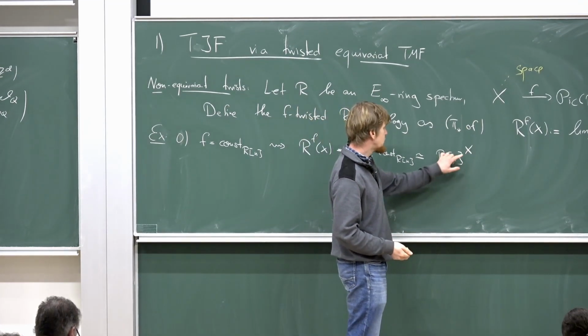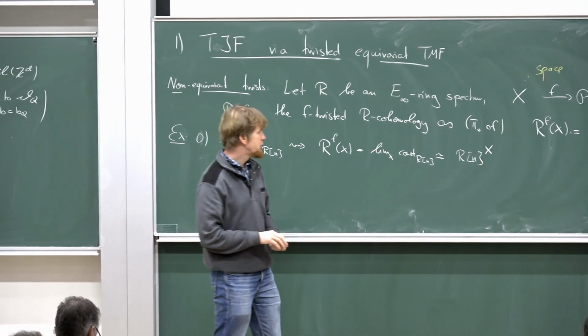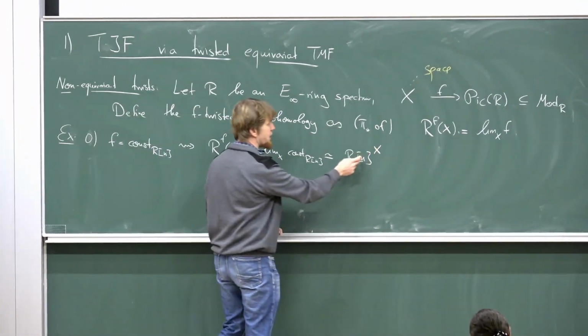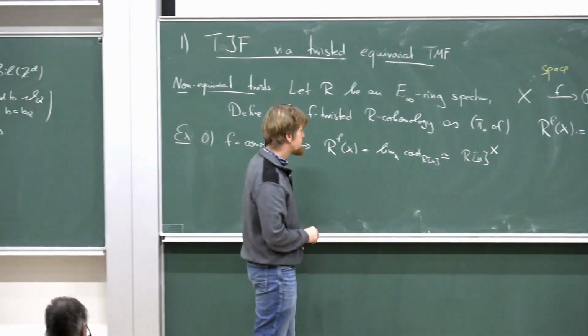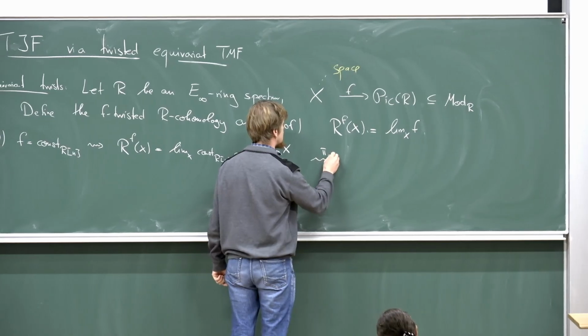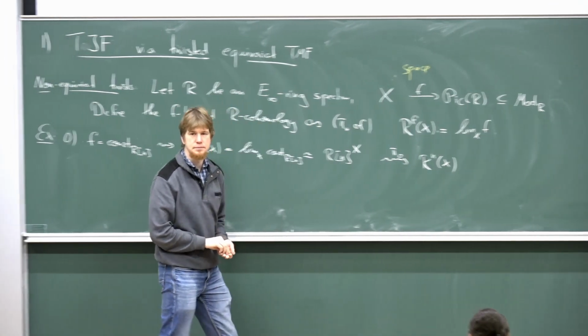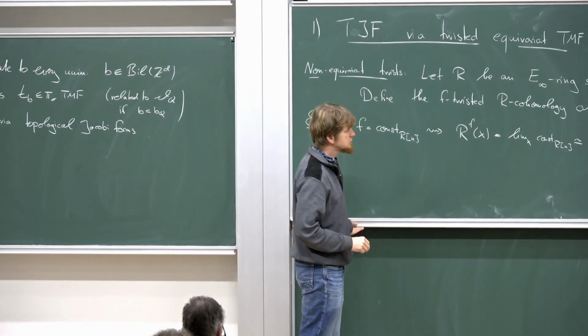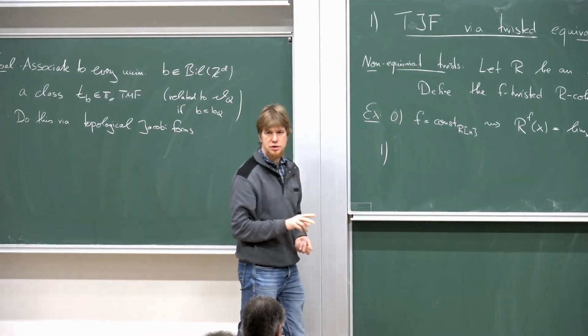So in models of spectra, this is usually realized by taking on each level of the spectrum the mapping space from X to, let's say, the kth space in this. And then we know that if we take pi_0, this is exactly the usual nth cohomology of X. Okay. Any questions about this?